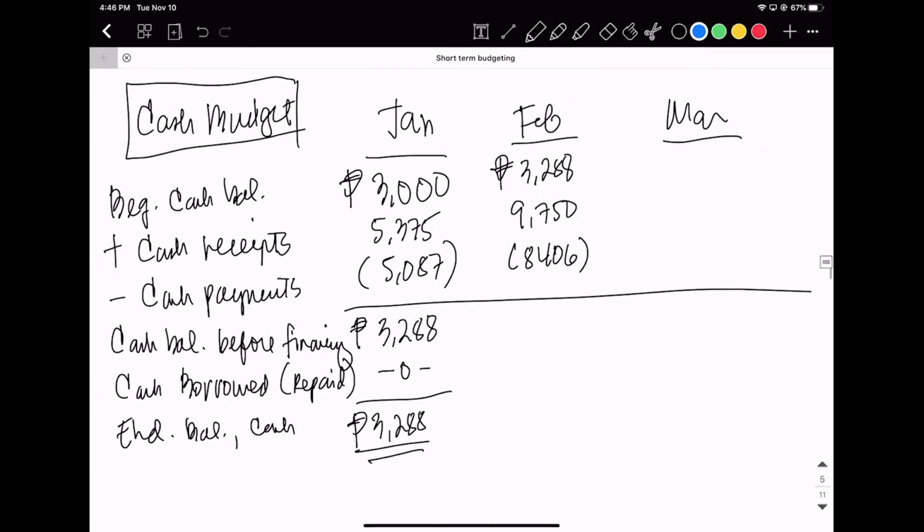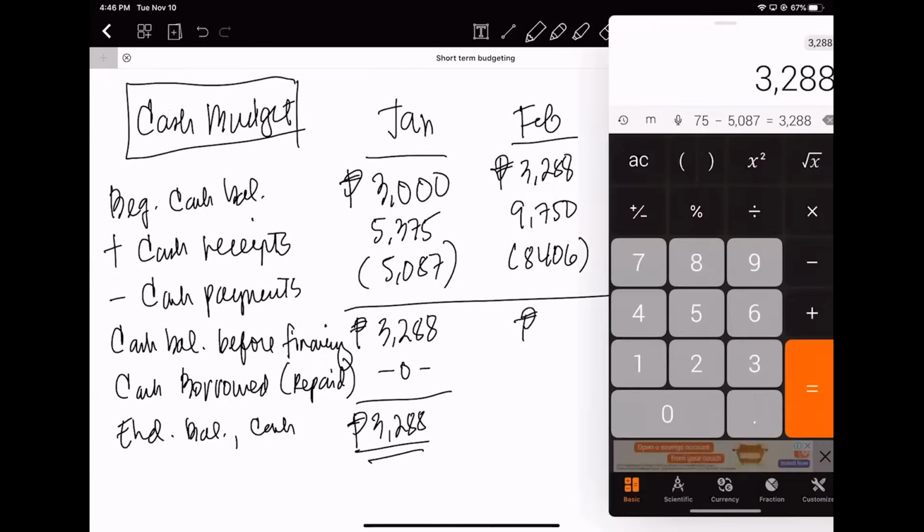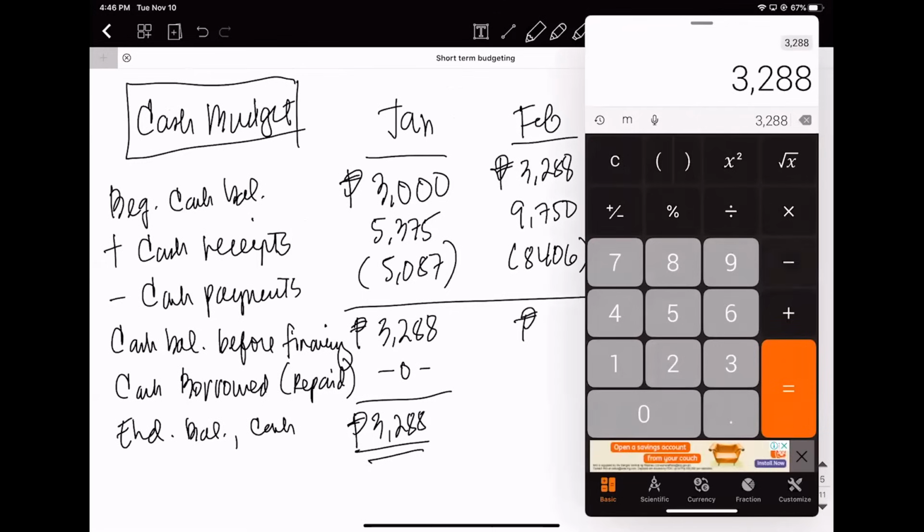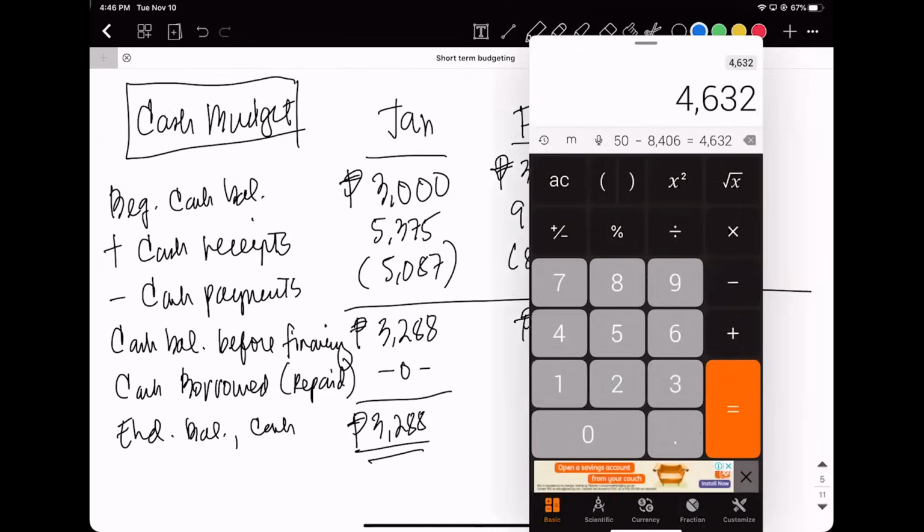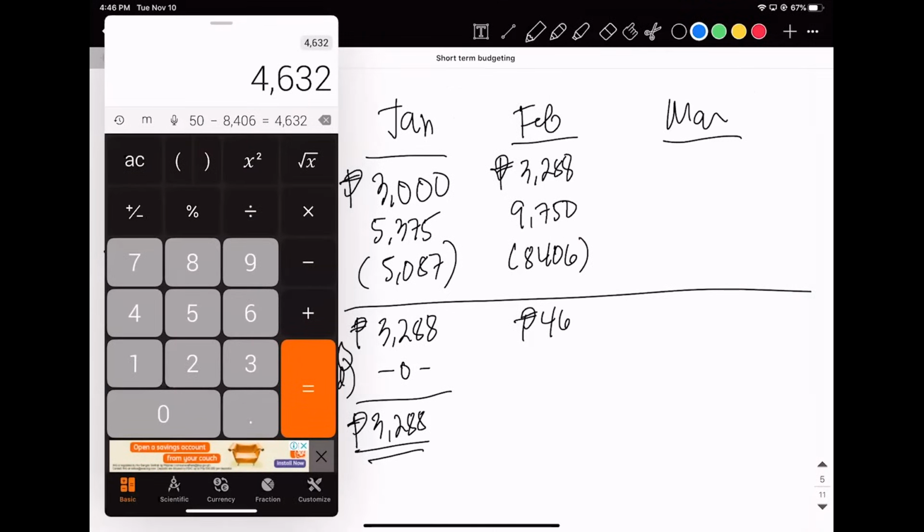So, cash balance before financing. 4,632. So, again, maintaining is 2,000, no? So, hindi tayo mangungutang. So, wala. Ayan. So, it should be 4,632 na.